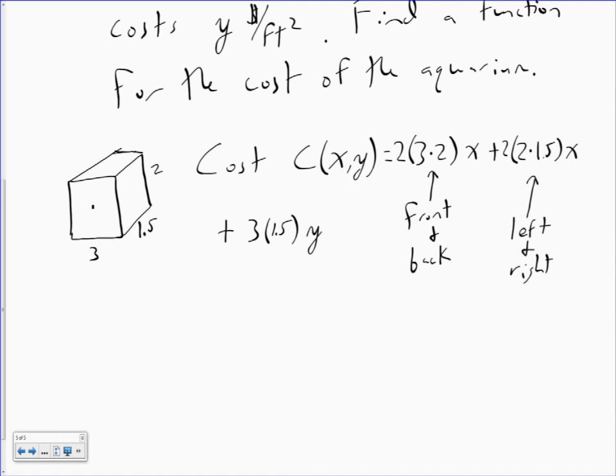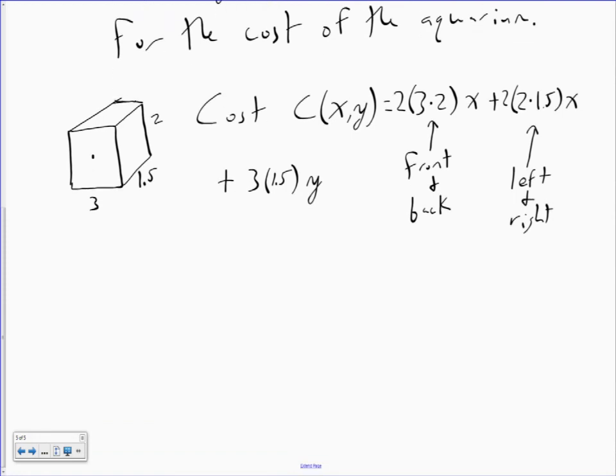All right, so if we clean this up, this is our cost function. We've got 2 times 6, so 12x for the front and the back. The left and the right were 2 times 1.5, so that's 3, times another 2 is 6 more, times the X dollars per square foot.